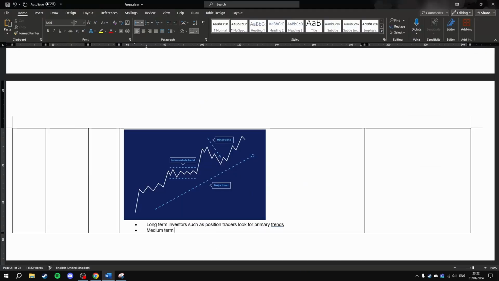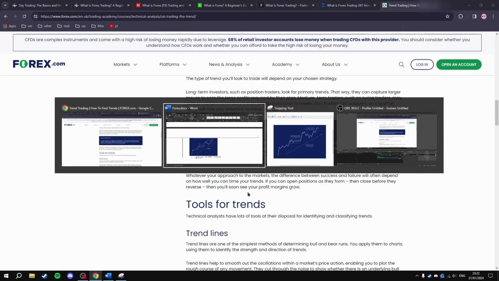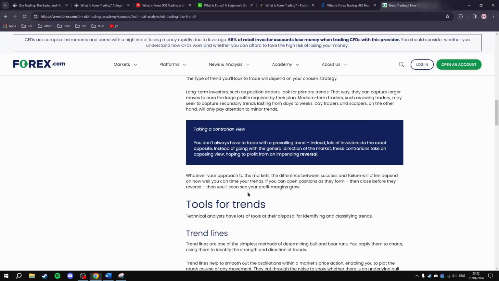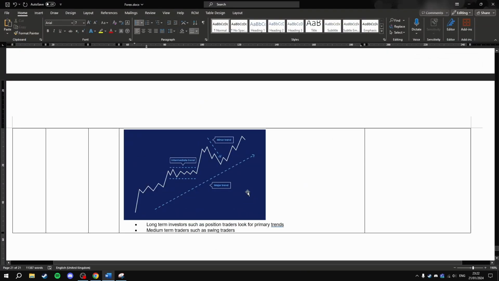Medium term traders, such as swing traders, may seek to capture secondary trends. Look for secondary trends.